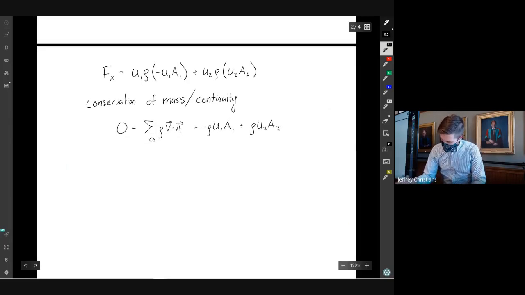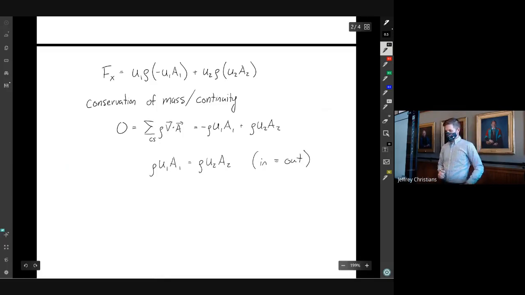Or we could write it this way: rho U1 A1 equals rho U2 A2. In equals out.